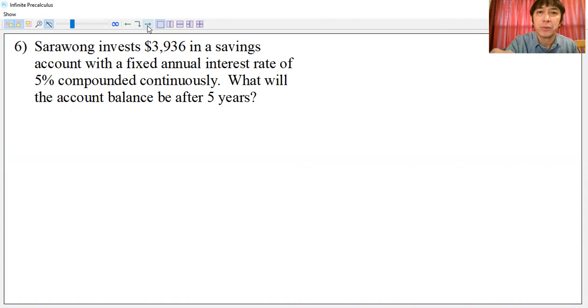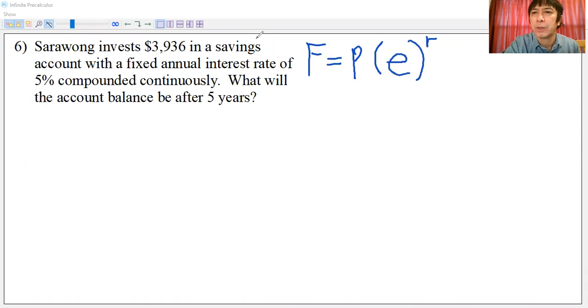We have a different formula for continuous compounding: final amount is equal to the present value multiplied by E raised to the power rate times time.